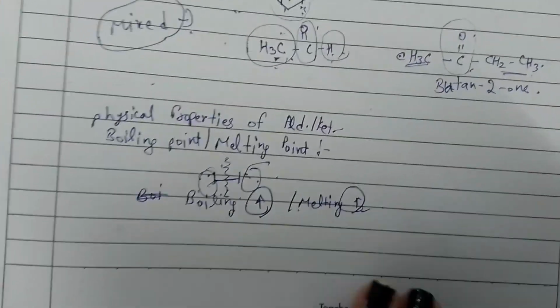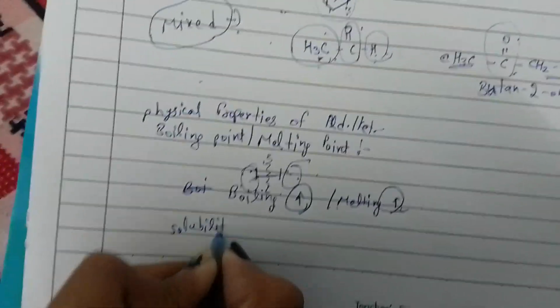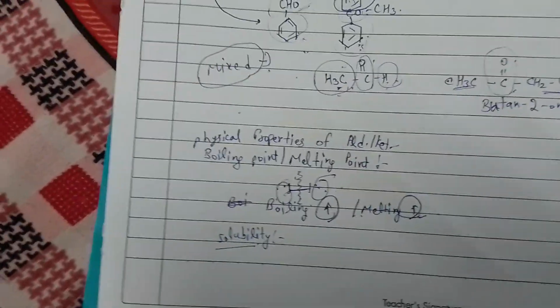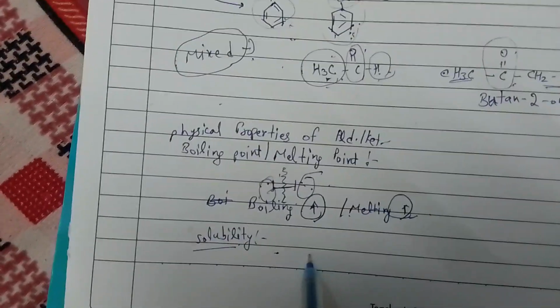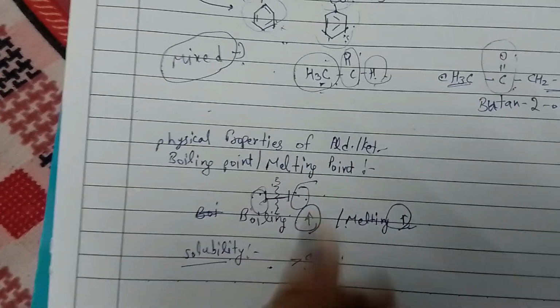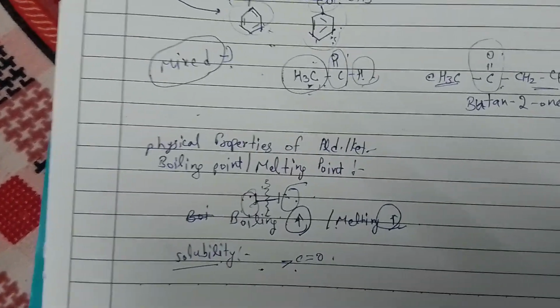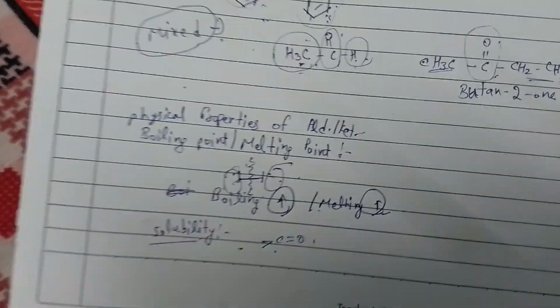Next, we will see about the solubility of both. The aldehyde and ketone have a polar C double bond O group, and can form H bonds with water molecules. So the lower members of the aldehyde and ketones are soluble in water.